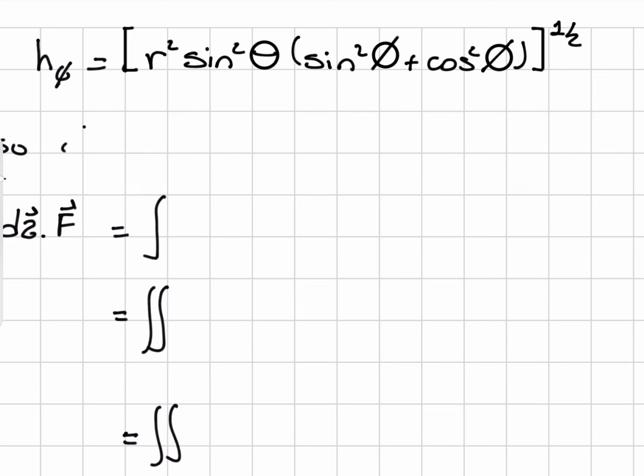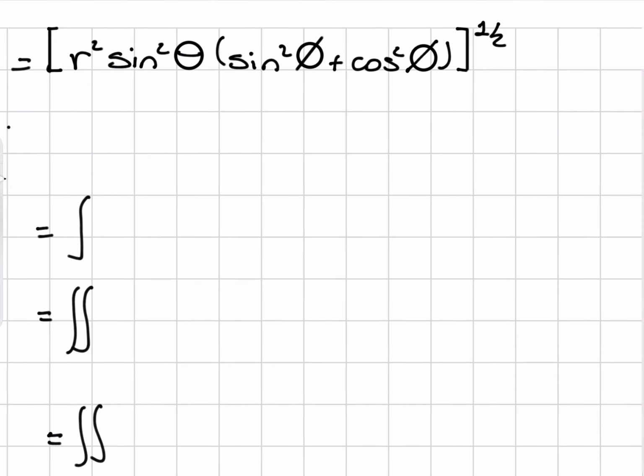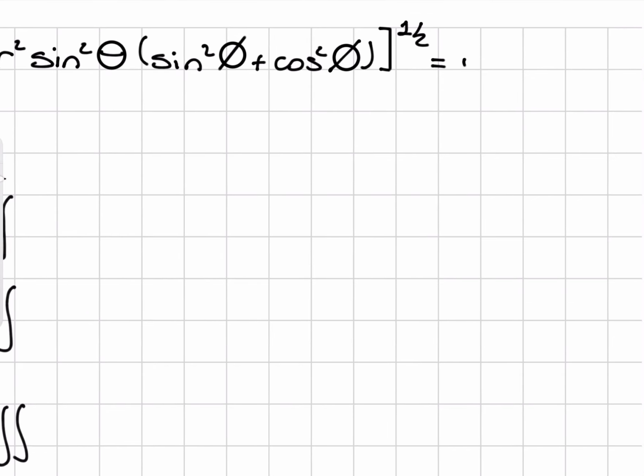Sine square plus cosine square is again equal to 1. So the scale factor is simply r sine theta.